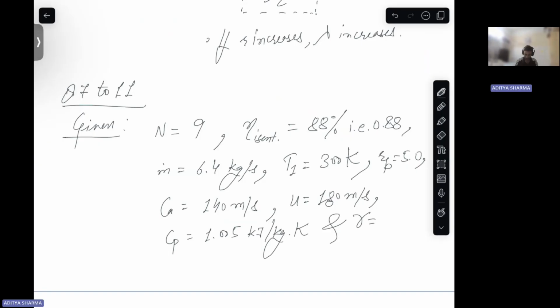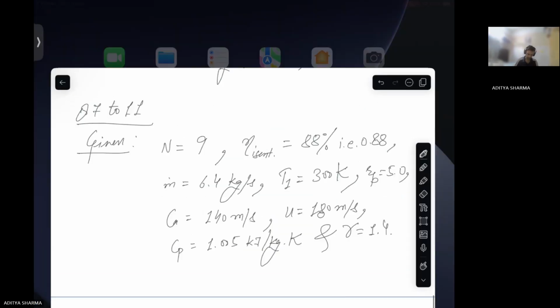And gamma is 1.4. So this is all that is given to us. Then we'll see the temperature at the exit.